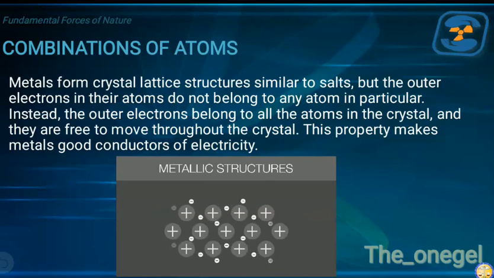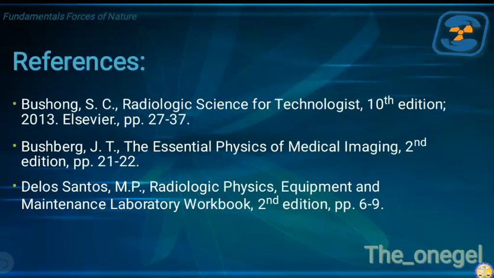This property makes metals good conductors of electricity. So that basically explains why metals are good conductors: because the electrons are free to move, they are called the sea of electrons.